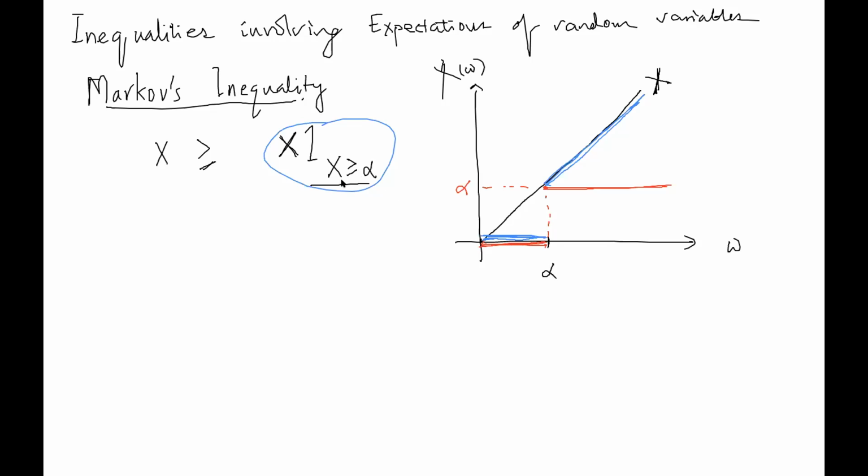Once your x reaches alpha, it becomes x, right? So that means this line. So definitely your black line is larger than or equal to this blue line. Okay, can everyone accept that? Yes, doctor.